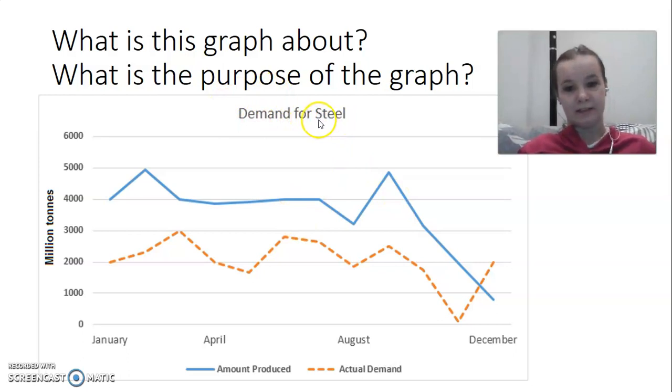Steel is a type of metal. It shows the demand for steel and compares the amount produced versus actual demand. And it shows it in several months.